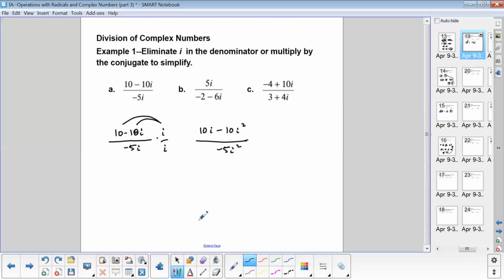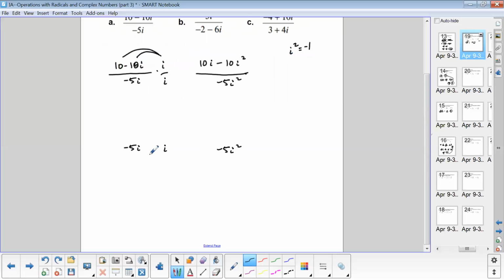And so remember a few slides ago we said that I squared would equal negative 1. So I've got 10I, and then this I squared would be negative 1, so when you substitute negative 1 in wherever you see an I squared, you would have 10I plus 10 divided by 5.